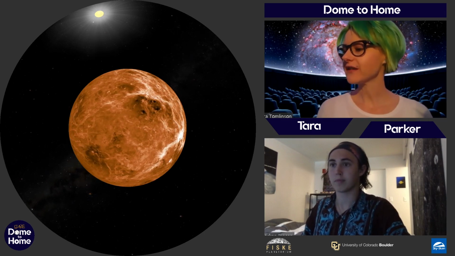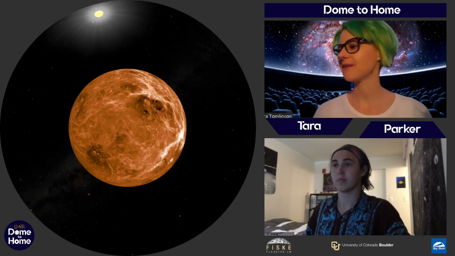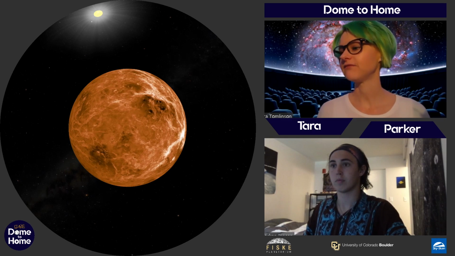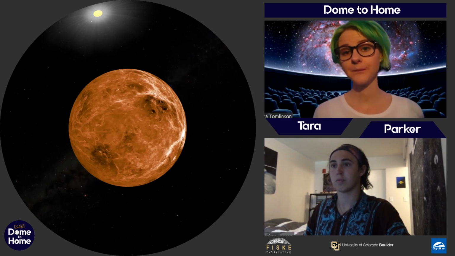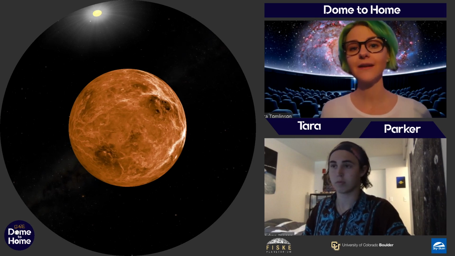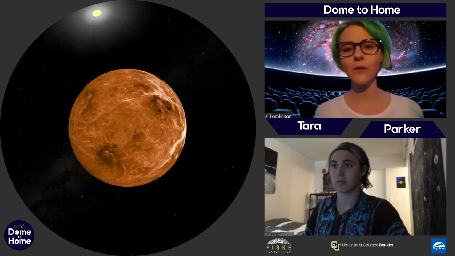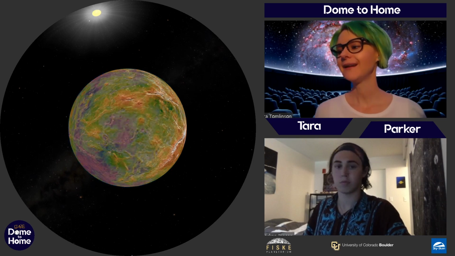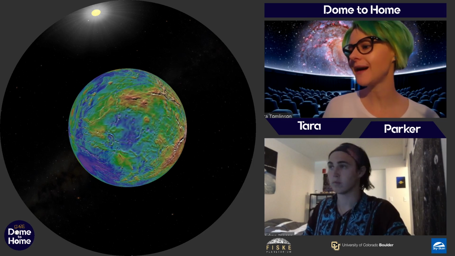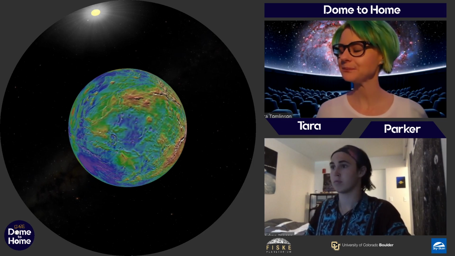So you can see there looks like there's kind of little clumps where there might be a volcano, or cracks that sort of look like faults that we have here on Earth. So some people think that Venus might have some tectonic activity like we do. There could be Venus quakes going on. We really don't know. Here's a topographic map where you can see the low spots and the high spots.